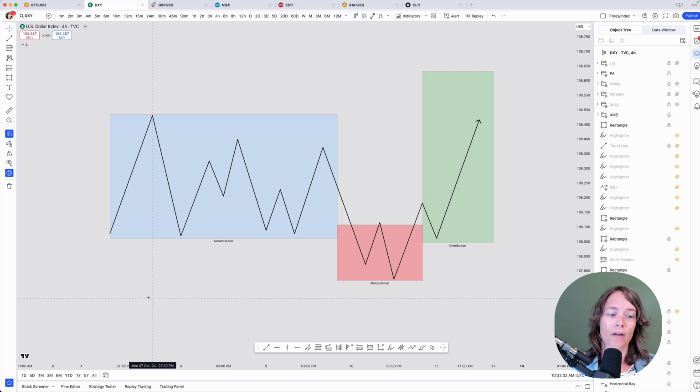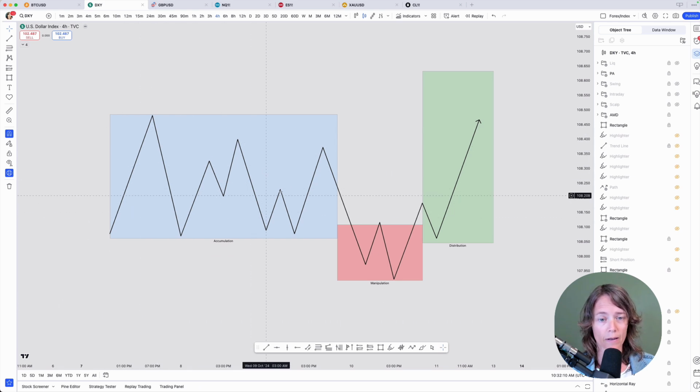One of ICT's signature things is that you train yourself to look for the accumulation phase, where price is just going back and forth and creating a range. Then the manipulation phase, making everyone believe, in this case, that the order flow is bearish. And then coming out of that, creating a market structure shift and starting a distribution leg up. We've all seen this picture, right?